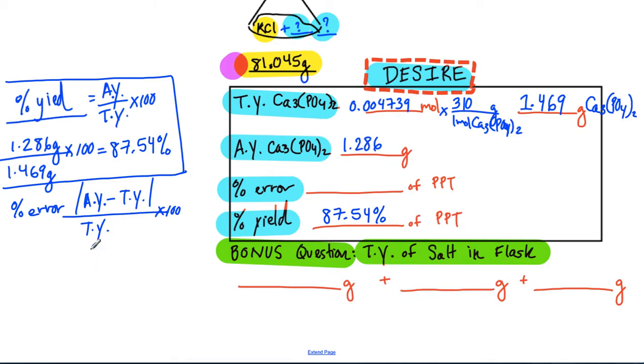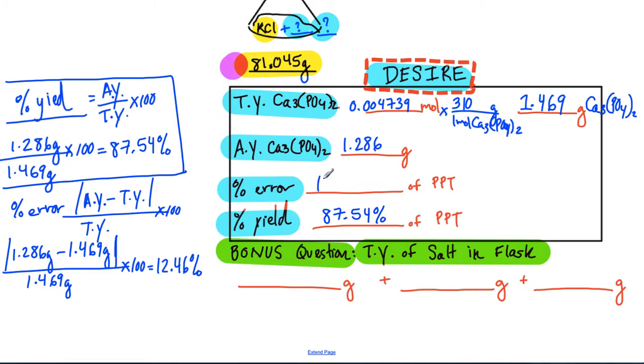So the actual yield, again, is absolute value 1.286 grams minus 1.469 grams. I divide that, that's an absolute value symbol, by 1.469 grams. I multiply this times 100, right? And I will get a percent error of 12.46%. And we can plug that in right there. And that would be all you would be asked to do on the test.